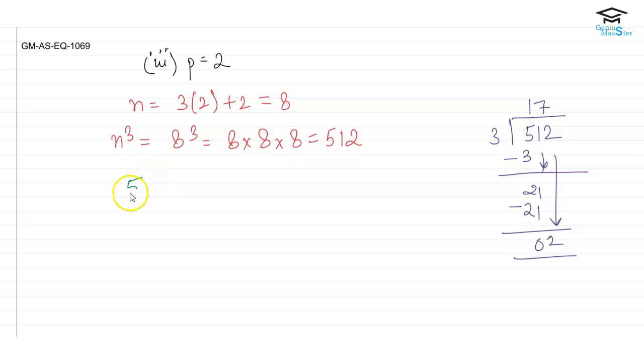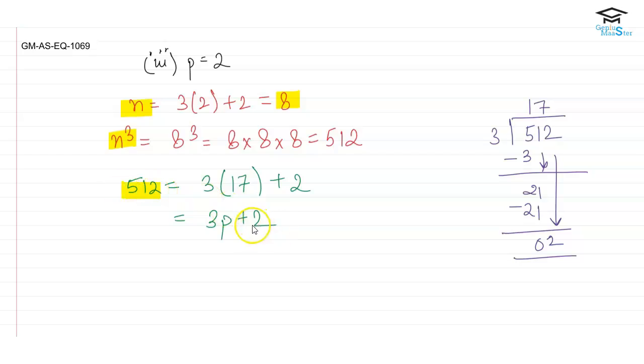So we can write 512 as 3 into 17 plus 2. So it is also of the form 3p plus 2. So n is of form 3p plus 2. N cube, which is 512, is also of the form 3p plus 2. Hence our fourth statement is also verified.